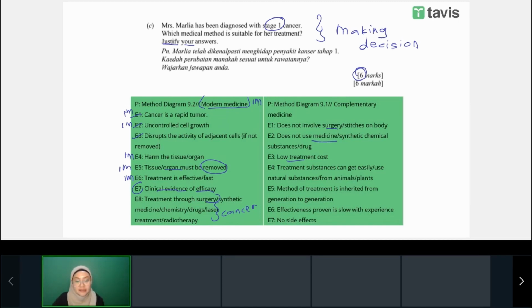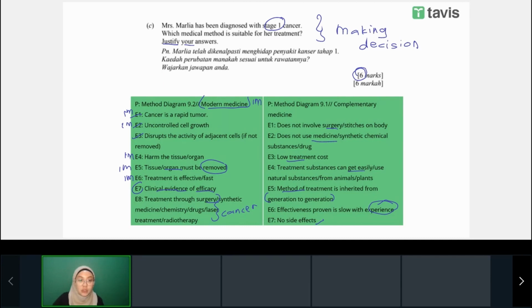Treatment substances can be easily obtained. They are derived from natural resources, right? The method of treatment is inherited from generation to generation, but the effectiveness is not proven clinically. The effectiveness is proven with experience. Provide your reason. No side effects as well.